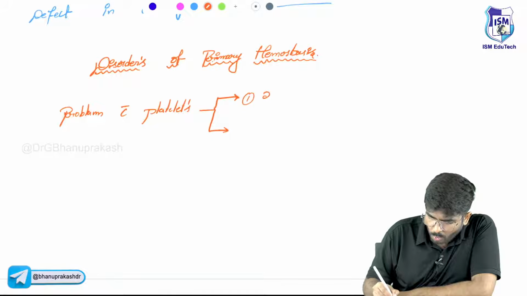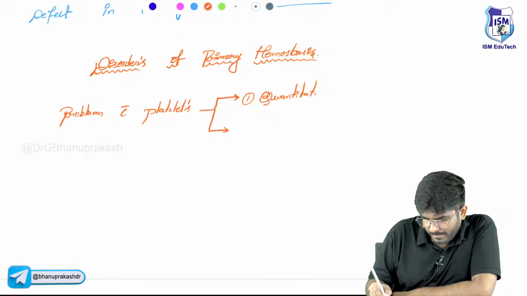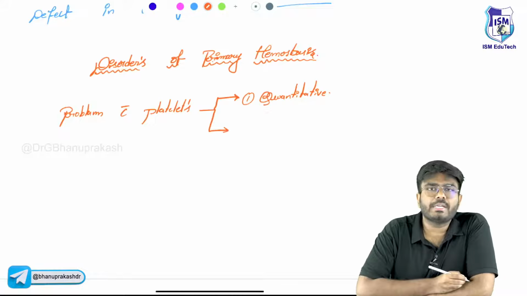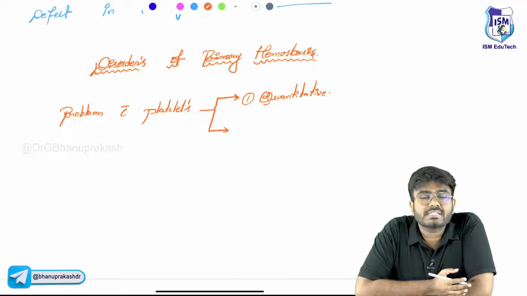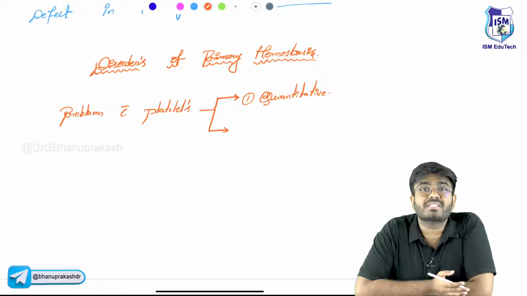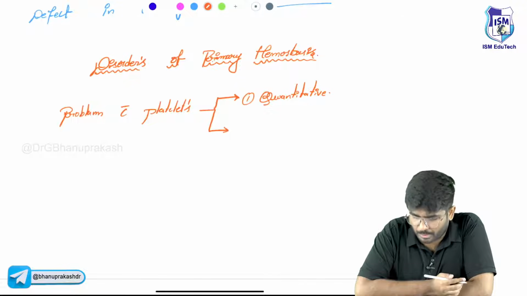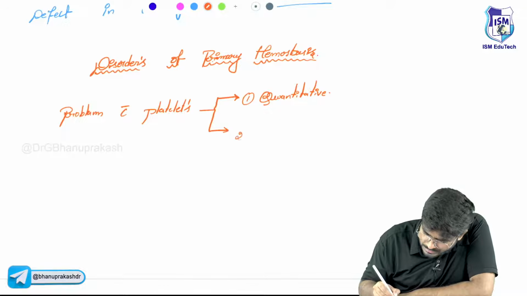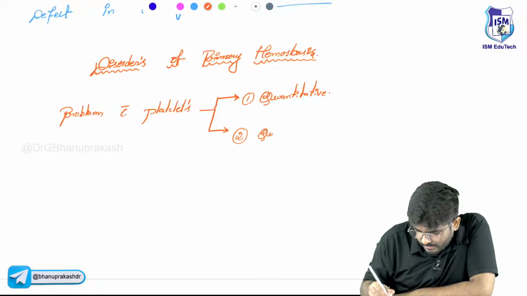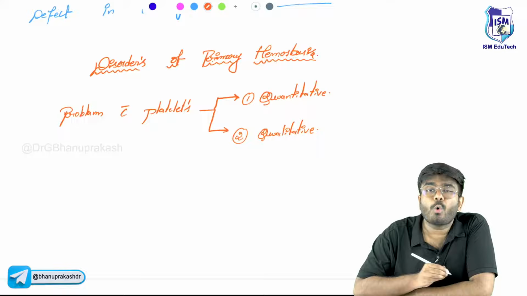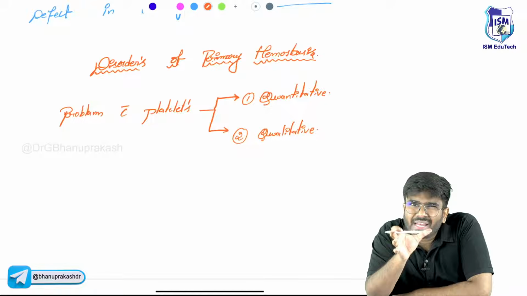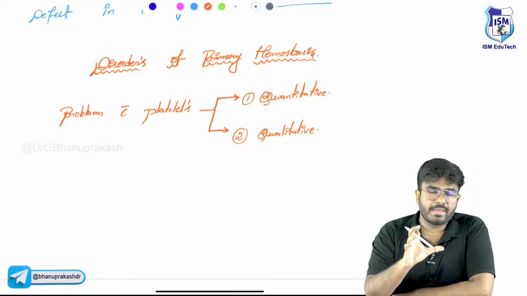One is a quantitative problem. Means the quantity of platelets is not sufficient. There is thrombocytopenia. So not enough platelets are there, and that's causing the problem. The second type is a qualitative problem, which means the quality of the platelets is not good.